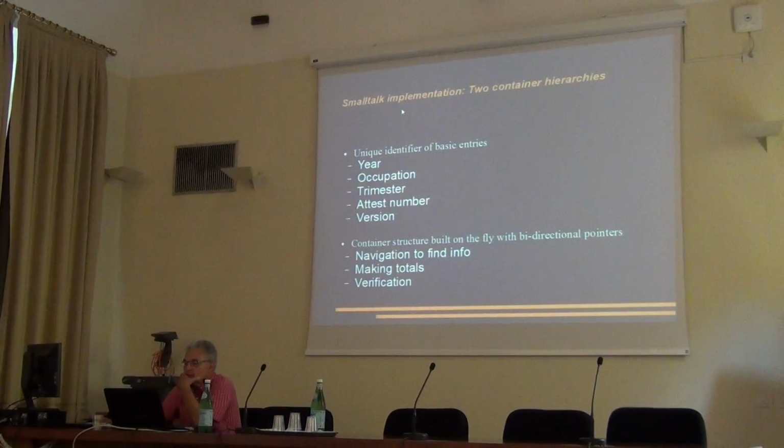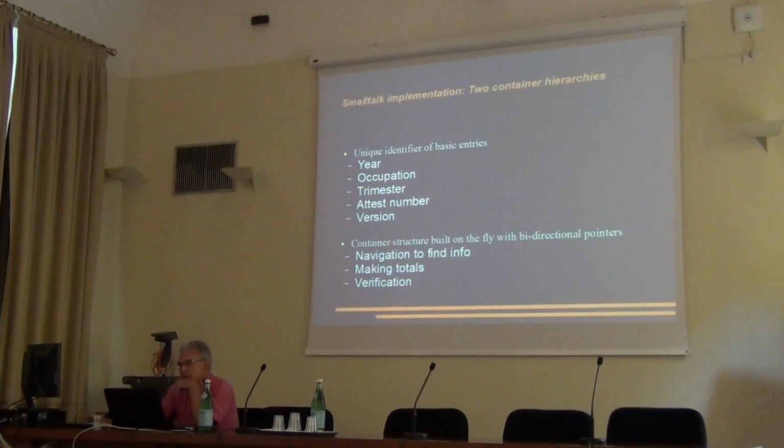In the Smalltalk implementation, what I did is make two container hierarchies. Basic entries in the system are identified by year, occupation, investment, the attestation, and the versions of the attestation. So I built a container structure which is two-directional, because you need a lot of navigation to find information.